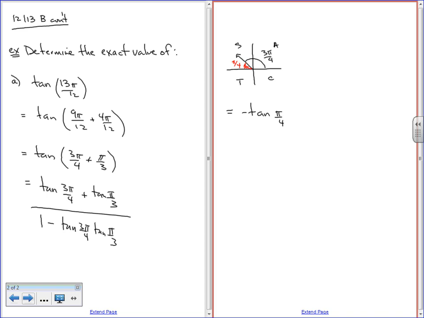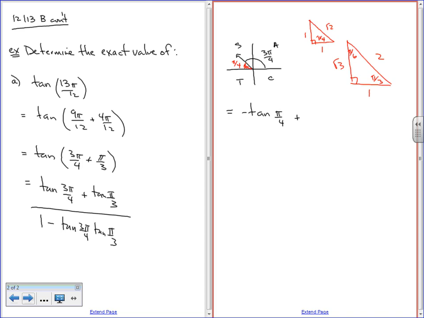I'm adding it to the tangent of pi over 3, which is one of my angles in my special triangles. So I'm just going to draw my special triangles. First one is 1, 1, root 2, and the angle is pi over 4. And the second one, 2, 1, square root of 3, with angles pi over 6 and pi over 3.